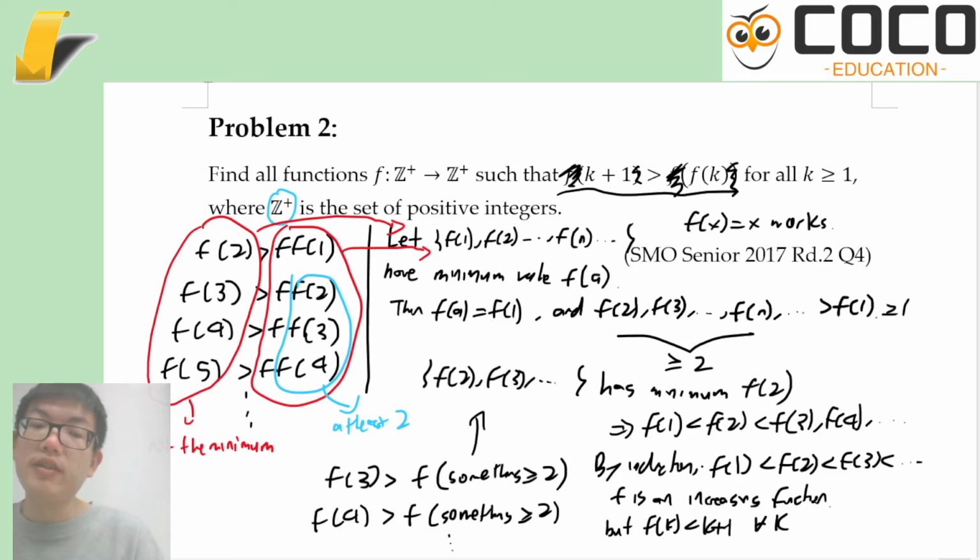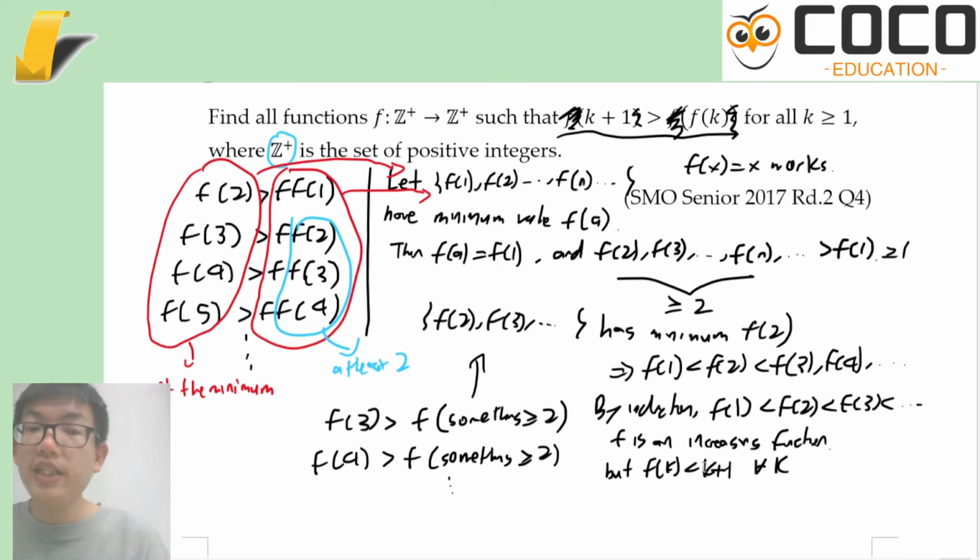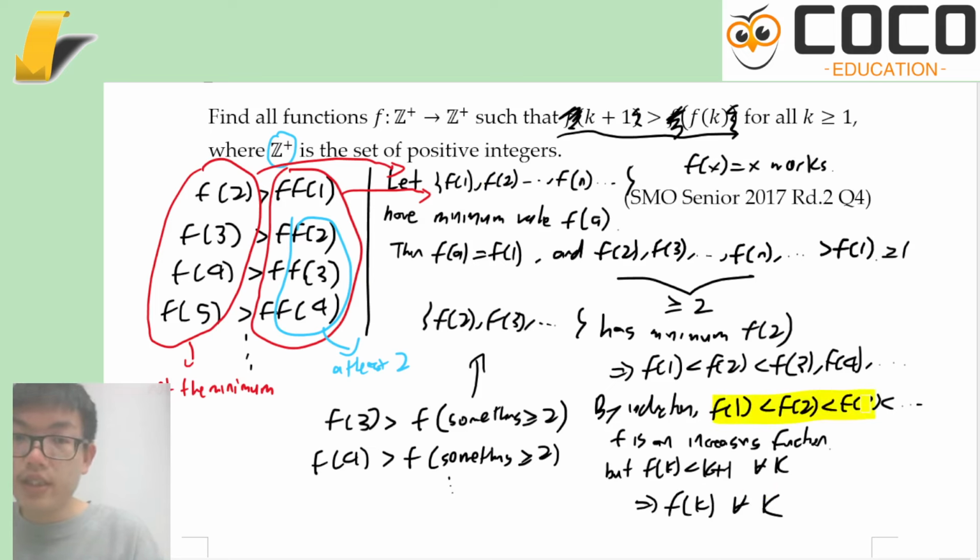And it turns out that it really was f of k is k. Collectively, this and this, not too hard to tell, you just get f of 1 is 1, f of 2 is 2, and so on. Whoops, forgot to write down what the function is.